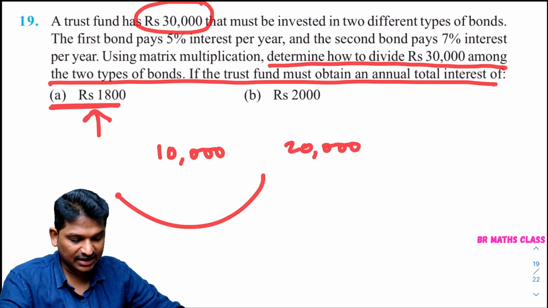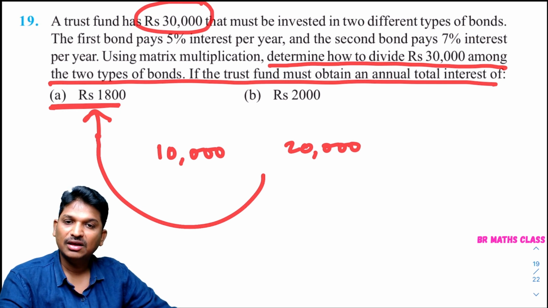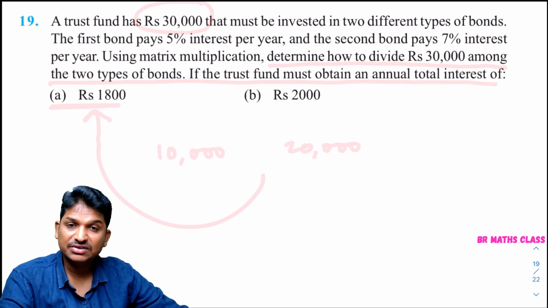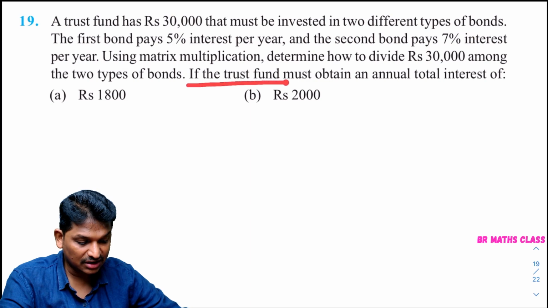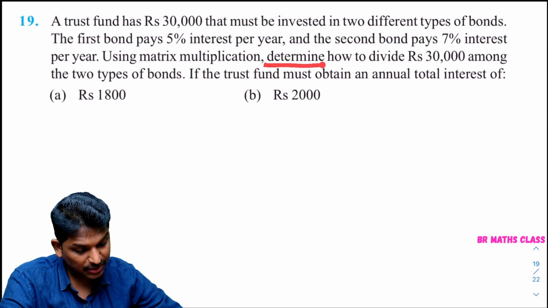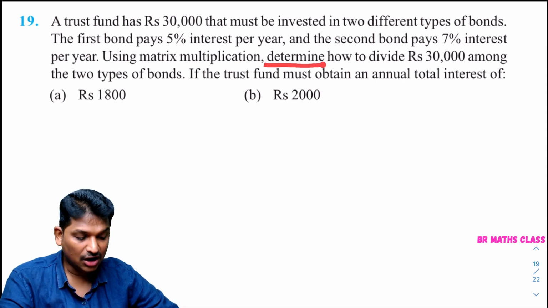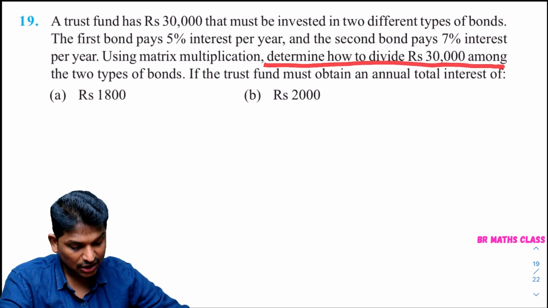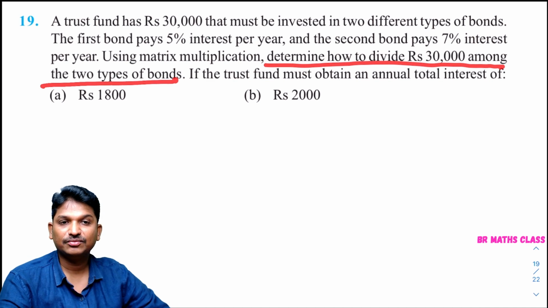Will I get 1800 interest? Like that, you try to understand. They are asking you to find how to divide 30,000 among the two types of bonds.